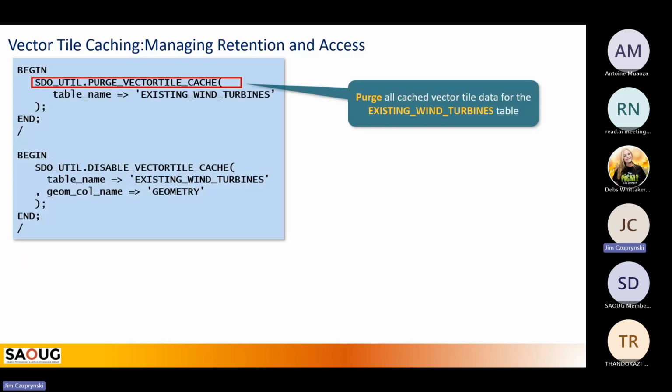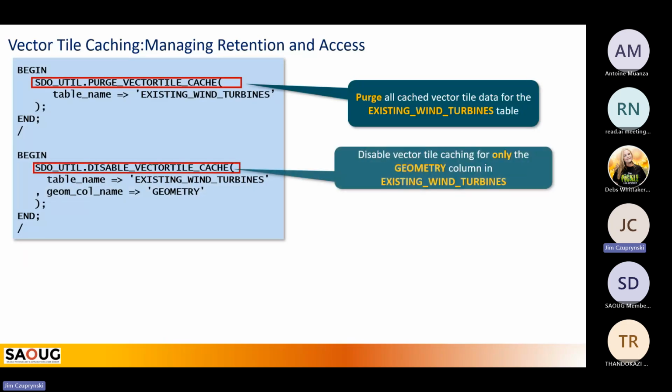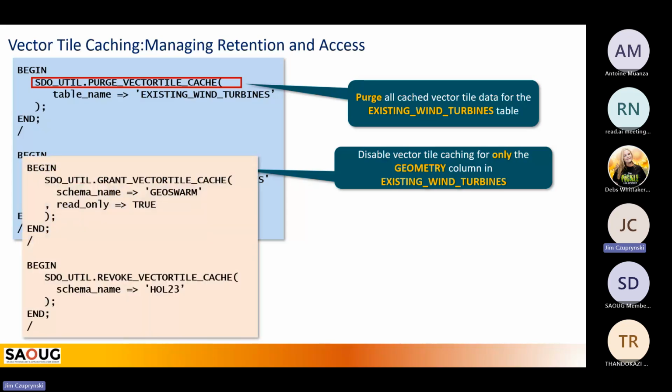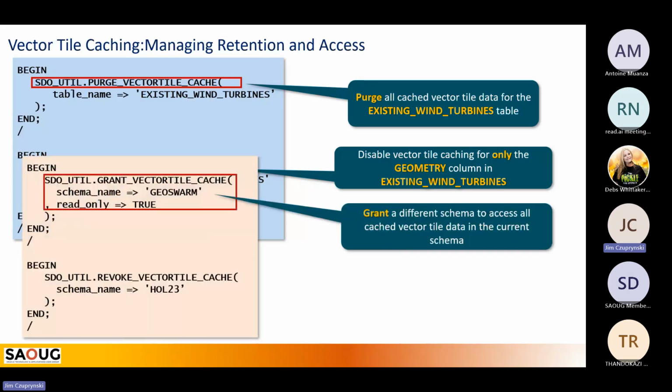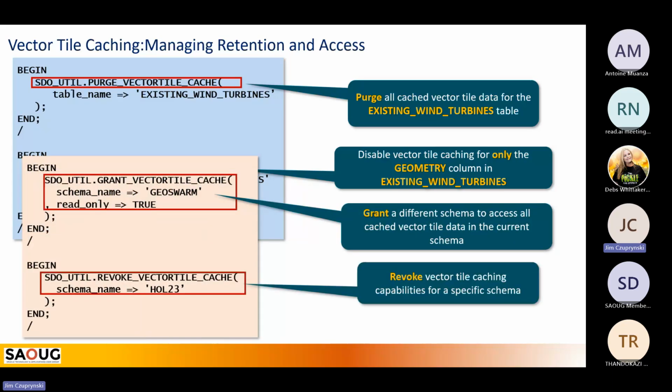I can also purge the vector tile cache if I want. I can disable it completely and say, don't even waste time on wind turbines or maybe photovoltaic cells or whatever. I do not want anybody creating vector tile caching on this. There's just not enough data. Do not waste memory on this. I can also, if I have a different schema, say the GeoSwarm schema, right?